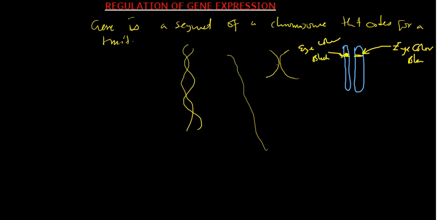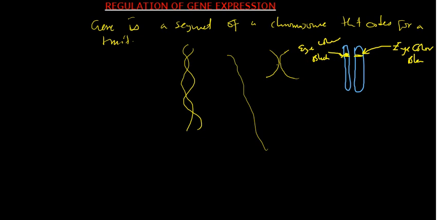So these two alleles put together form what is called a gene. And so for you to see which color you are going to have, the one which is dominant between the black and the blue is what you are going to have. So if black is dominant, you are going to have black eye color. If blue is dominant, you are going to have blue eye color. So that is what we call a gene.